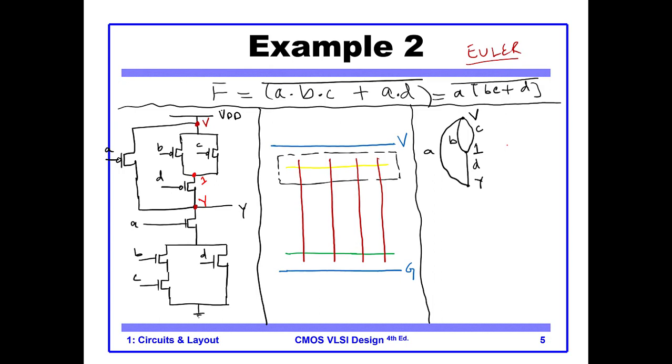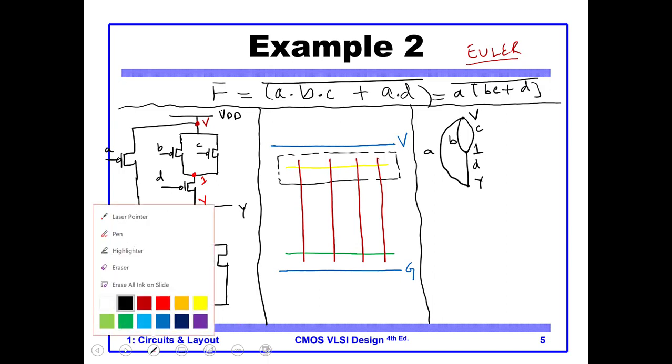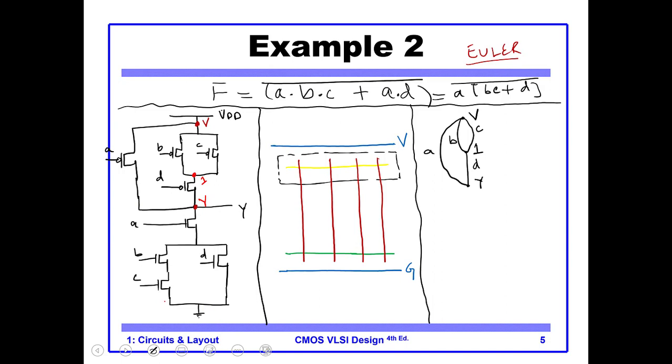Now let's do the same for our NMOS. So we have Y, then we have this point, call this point 2. We have this point, call this point ground, and we have this point, call this point 3. So let's draw the Euler graph again, so this is for PMOS and this is for NMOS.